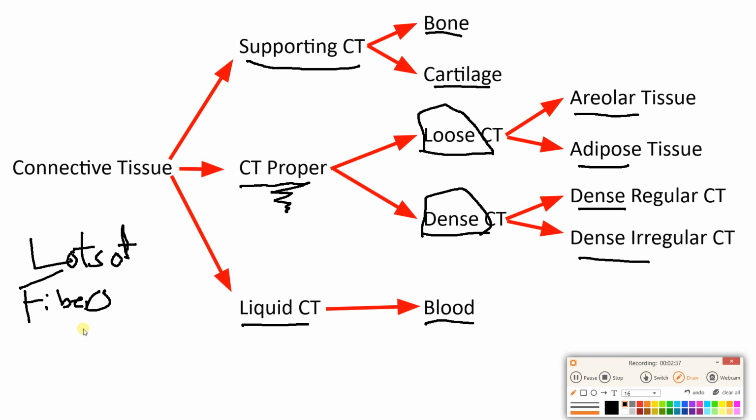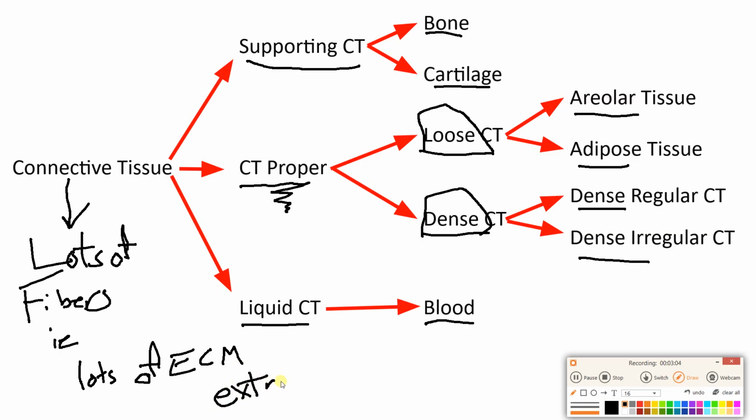And like I said here, one of the common things for connective tissue is that it has lots of fibers. Another way of saying this is that it has lots of ECM. And you're wondering, what does ECM stand for? Well, ECM stands for extracellular matrix. So lots of stuff outside of the cells.